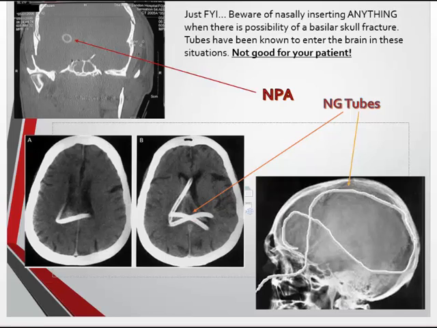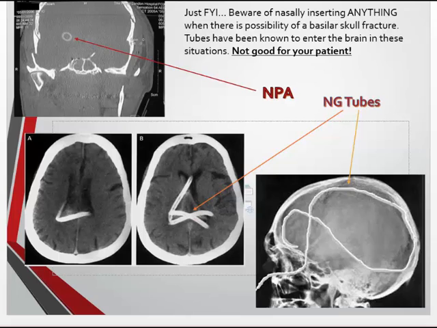This is a cool view of a nasopharyngeal airway that went into the brain through a crack in the skull, and then there's multiple online pictures you can find of NG tubes going and wrapping around into the skull because they were fed in during a basilar skull fracture. This can also happen with a nasal intubation attempt. So facial trauma, serious head trauma, don't put anything in the nose. It's not good for your patient to have their brain pierced.